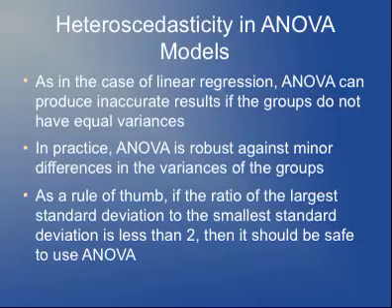Most of the time your variances won't be precisely equal, and despite that fact, usually the results you get from ANOVA are just fine. The rule of thumb that you see in most textbooks is that if the ratio of the largest standard deviation to the smallest standard deviation is less than 2, then it should be safe to use ANOVA. If that condition is true, you're almost certainly fine. Even if that condition isn't true, which I don't think it is in Valerie's GSH data, you're still probably fine in most cases.